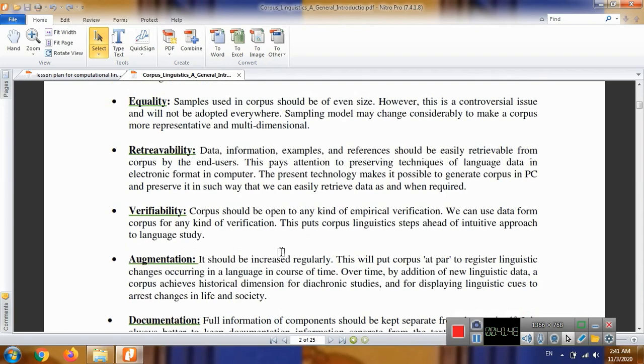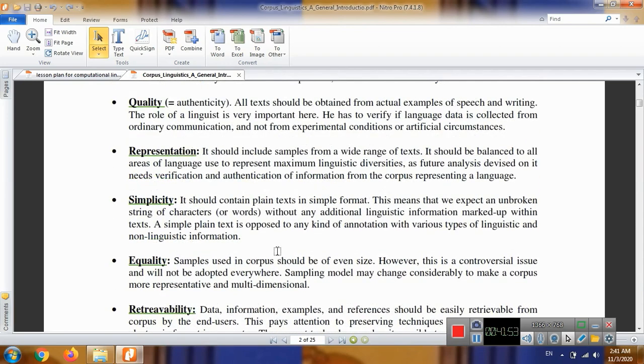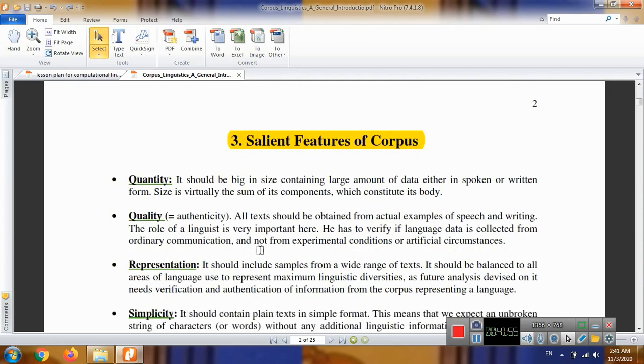You should know very briefly about these features. For example, quantity is concerned with the size of the corpus. It should be big in size, containing a large amount of data, either in spoken or written forms. Size is virtually the sum of its components, which constitute its body.